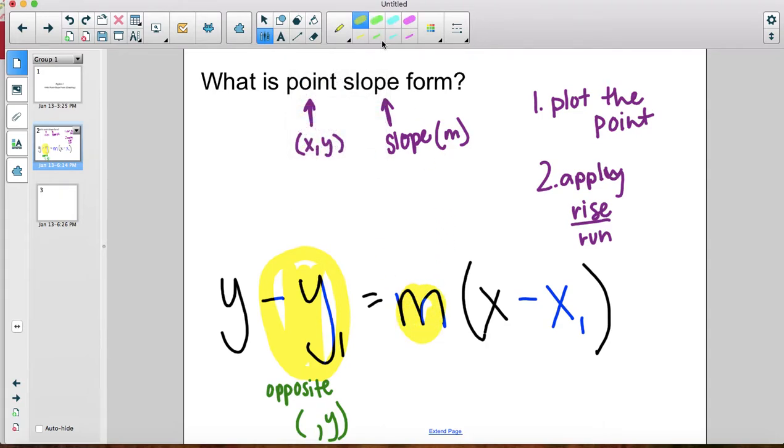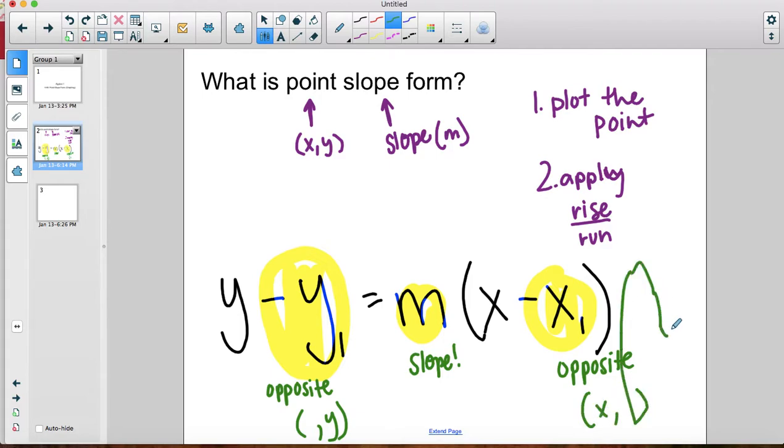The m, just like in slope-intercept form, stands for the slope. So that's still the case here. And then minus x1 gives us the opposite of the x value.